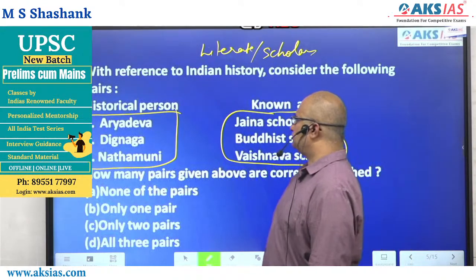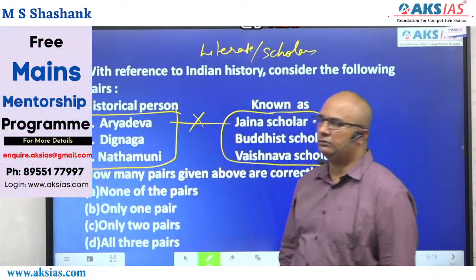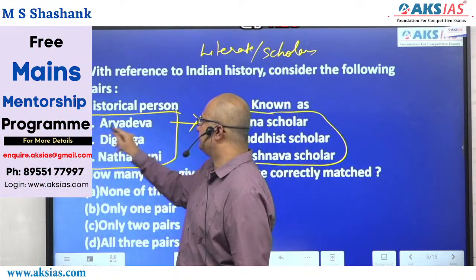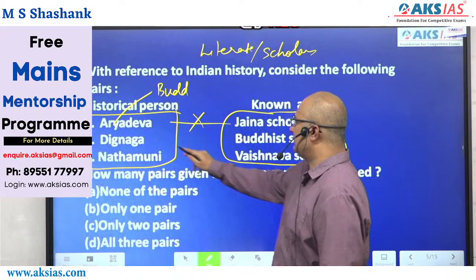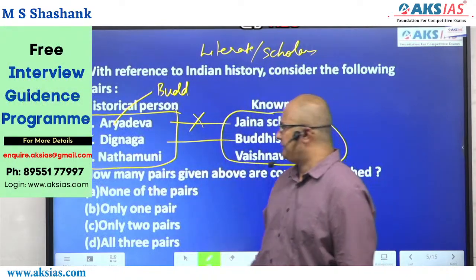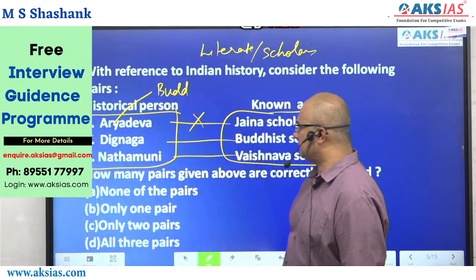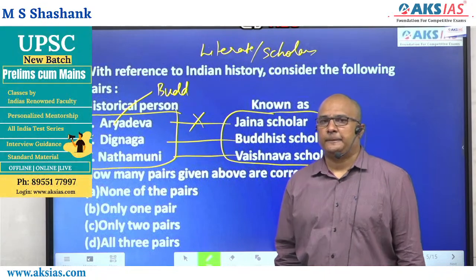Arya Deva was a Jaina scholar? No, that is wrong. He was a Buddhist scholar. Dignaga is a Buddhist scholar. Yes. Nathamuni is a Vaishnava scholar. Yes. In fact, Nathamuni is very famous.